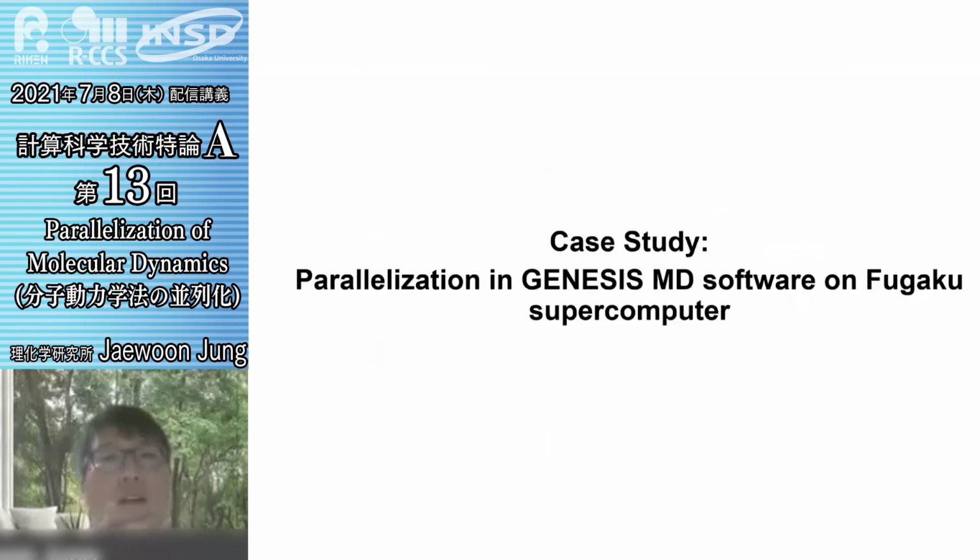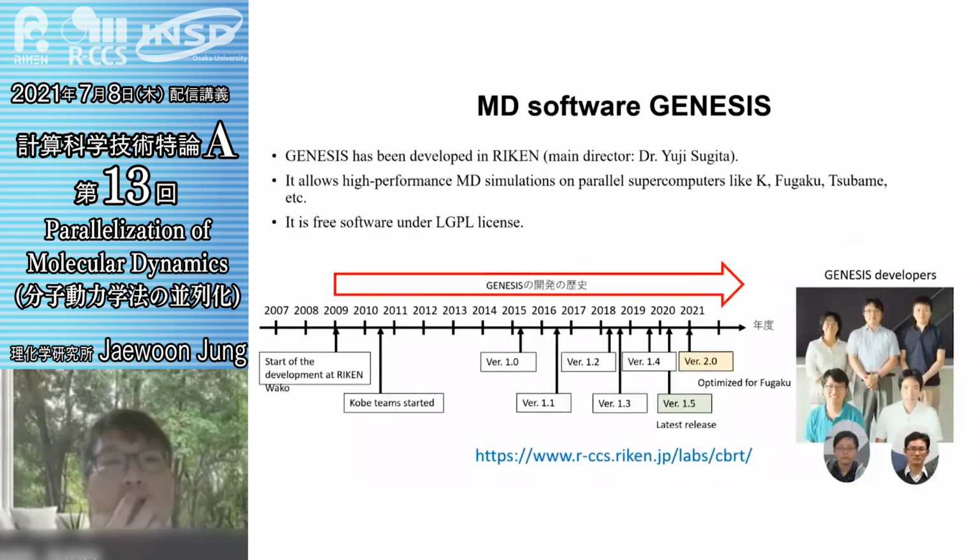Next, as a case study, I'll show some parallelization schemes of Genesis on the Fugaku supercomputer. The MD software Genesis has been developed in Riken, and the main director is Dr. Yuji Sugita. It allows high-performance MD on parallel supercomputers like K, Fugaku, Tsubame, and so on.